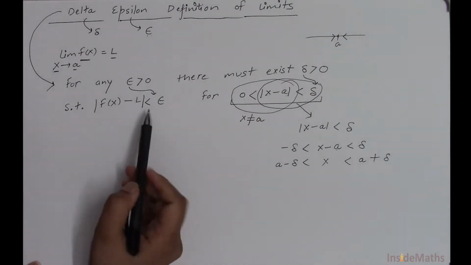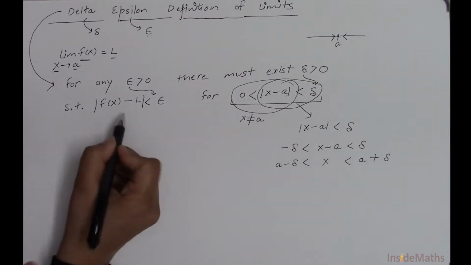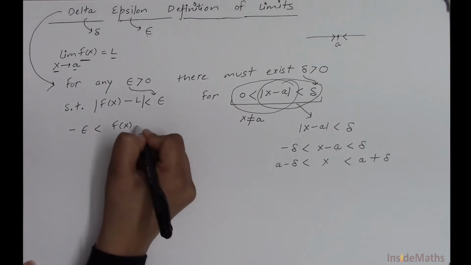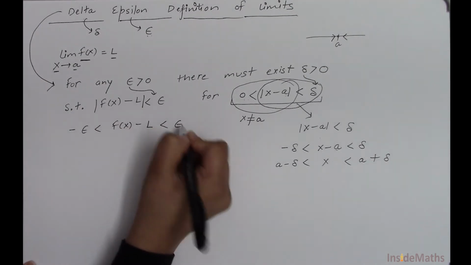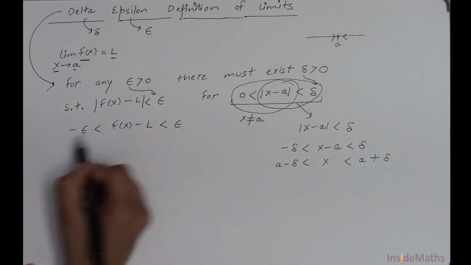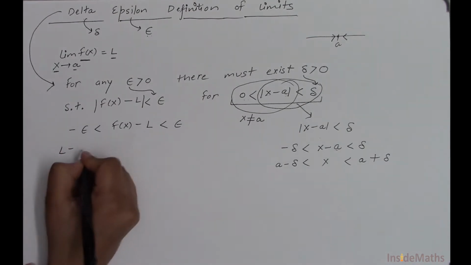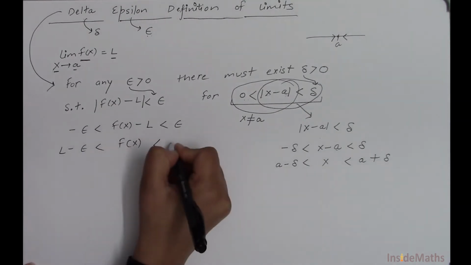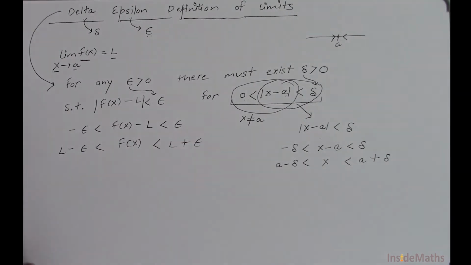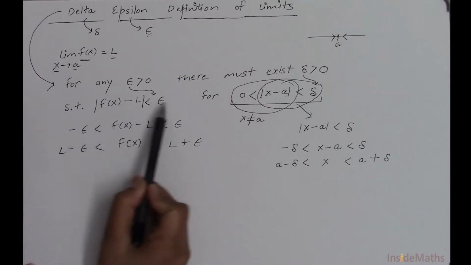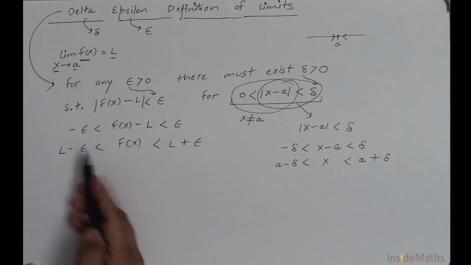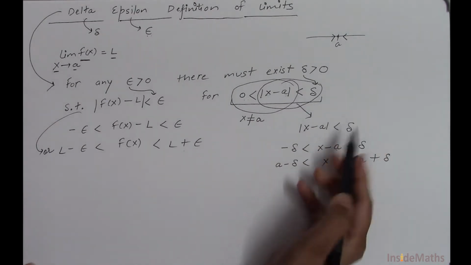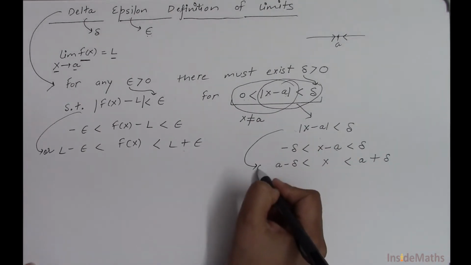Exactly like this, I'll rewrite this inequality: minus epsilon is less than f of x minus L is less than epsilon. If I add L to each term, it becomes L minus epsilon is less than f of x is less than L plus epsilon. Now I could write this inequality as this, and this inequality as this.